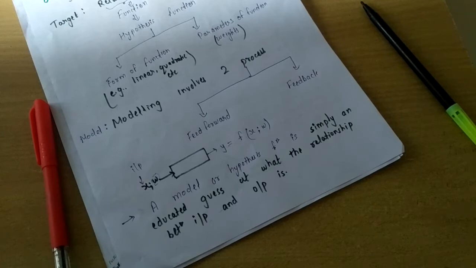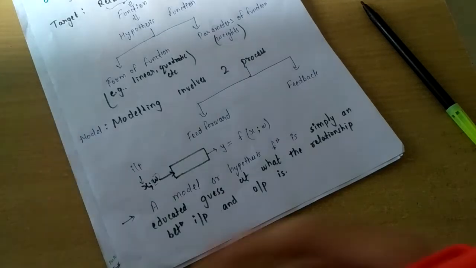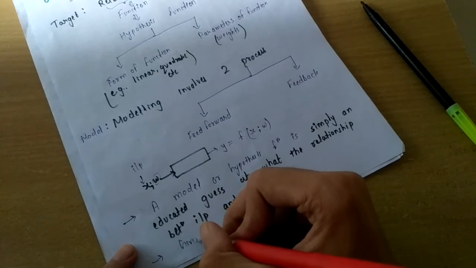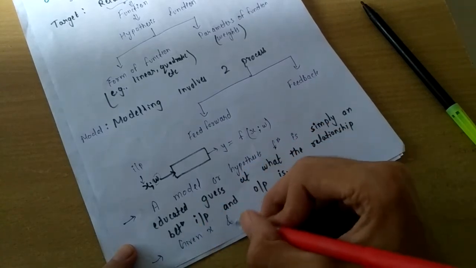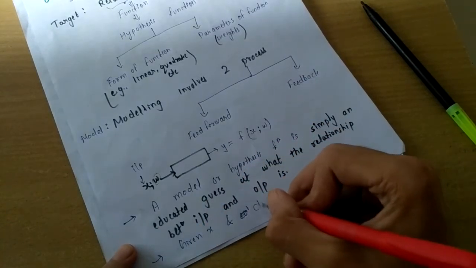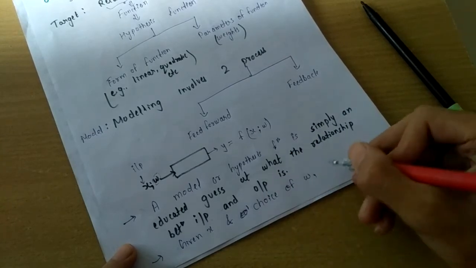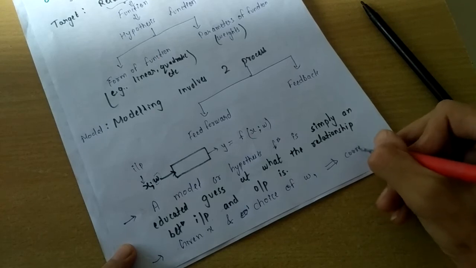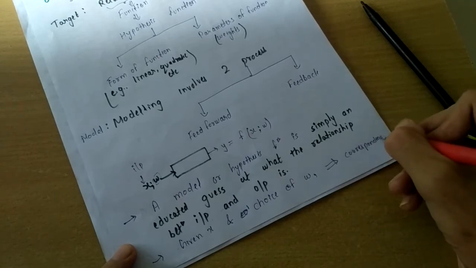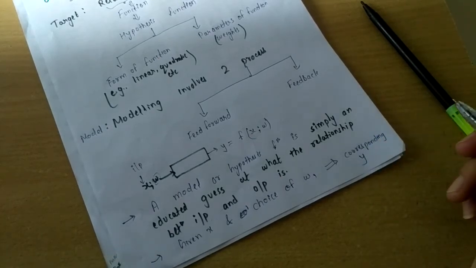That is, we randomly guess that this is the relationship between input and output. Then, given x and a choice of w, because w we have to update as per our need, we can find the corresponding output y.